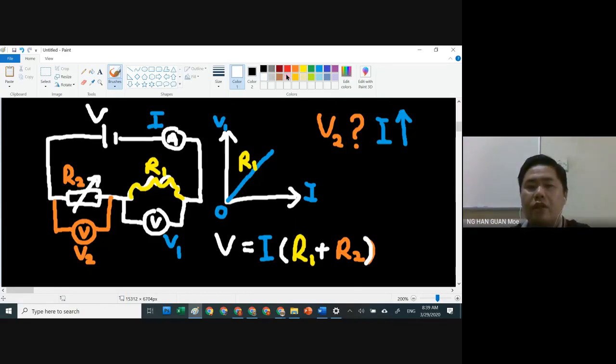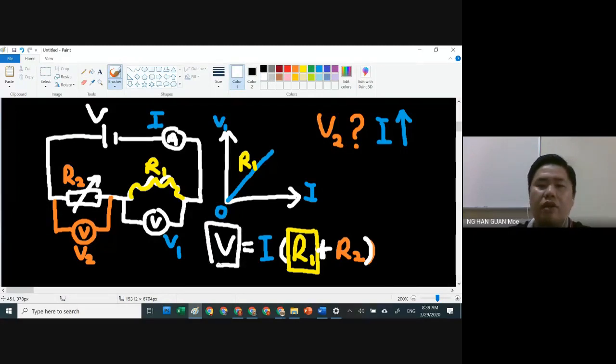Remember, R1 is a constant and cannot be changed. So when I adjust the rheostat, the effective V of the circuit is also constant; it won't change.